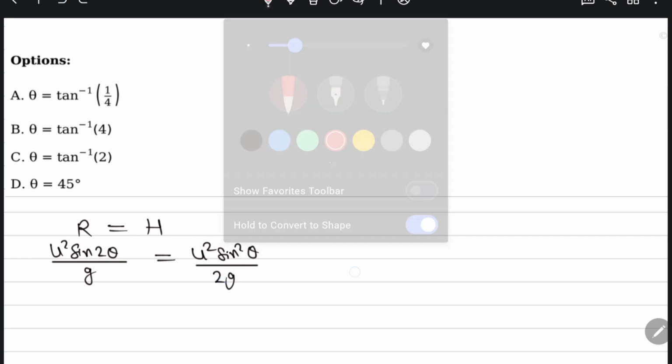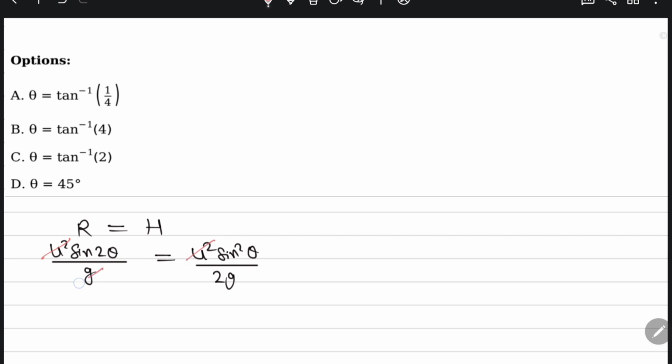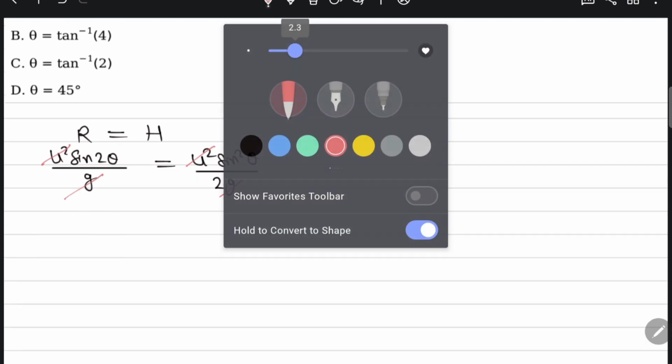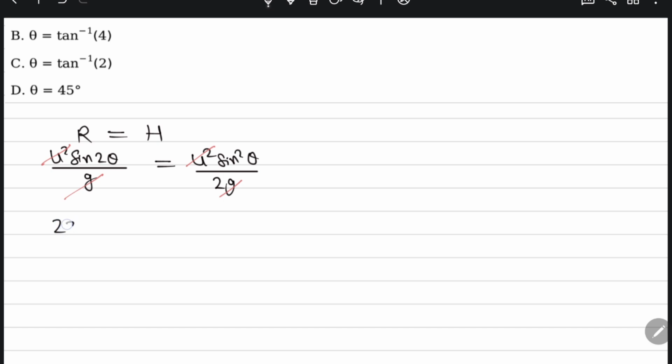So now what I do here, u square cancels, g cancels, and then after that what you write here is 2 sine theta, you can write 2 sine theta cos theta, and then you can also send 2 from that side. And then this becomes sine square theta.